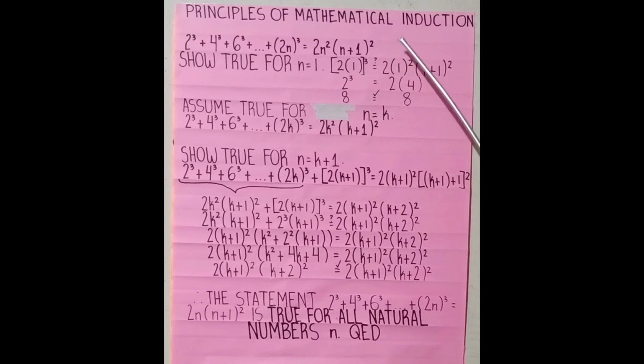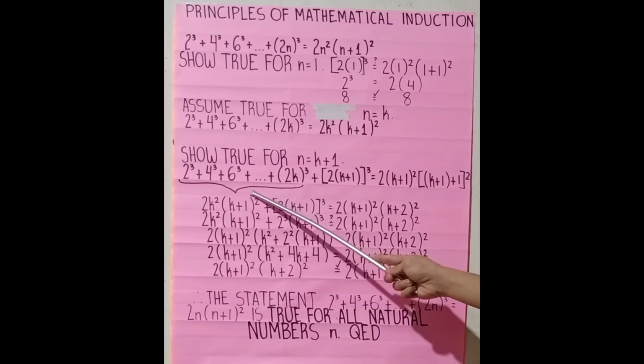So notice that we just changed n to k, and k represents some natural number k. Then since we assume that k is true, we will need to show that k plus 1 is also true. So show true for n is equal to k plus 1.